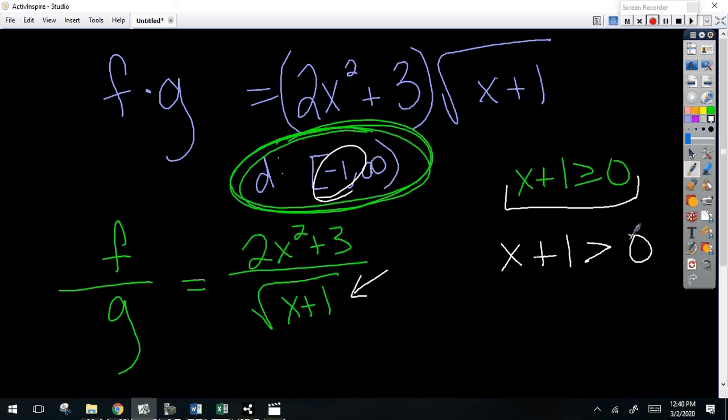This domain is different because it's still got this piece in here, but this time I can't include -1. It's got to be a parenthesis instead of a bracket. Does that make sense? Anytime you have a fraction, the bottom cannot be 0, period. So you have to leave it out of your domain.